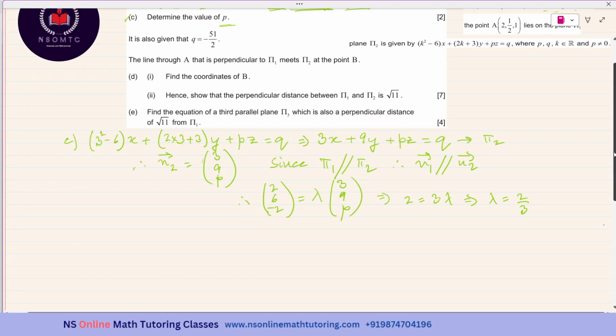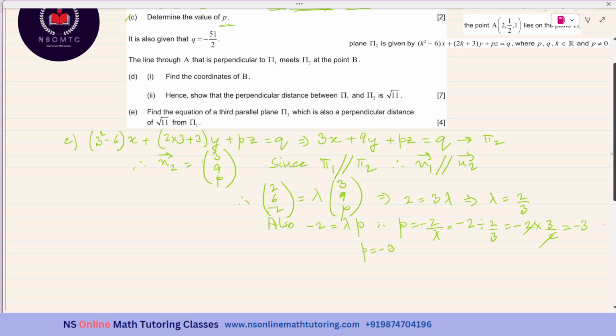Okay. And also, minus 2 equal to lambda p. Therefore, p equal to negative 2 over lambda equal to negative 2 divided by 2 over 3 equal to negative 2 multiplied by 3 over 2 equal to minus 3. Okay. So determine the value of p. So the p's value is minus 3.